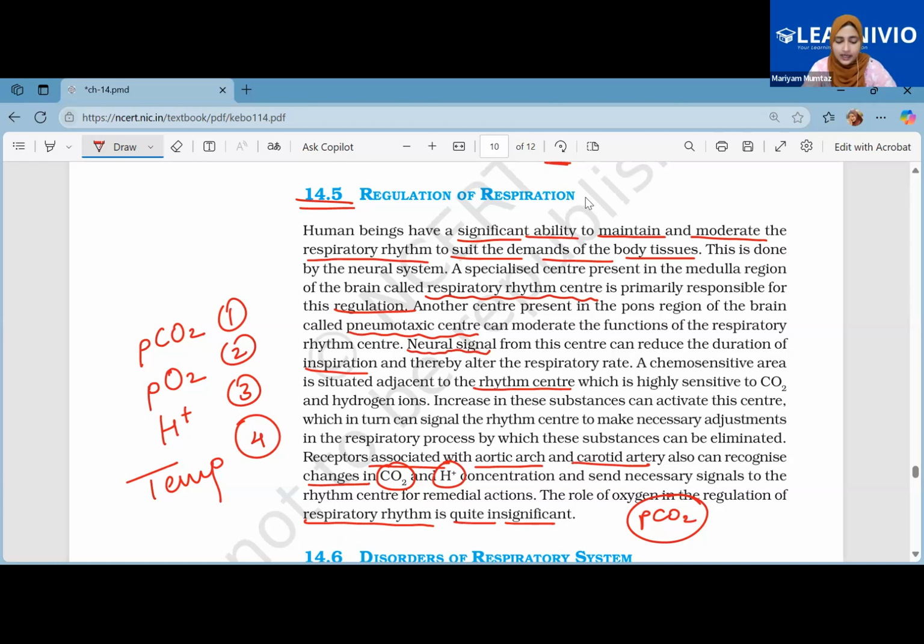So the whole entire hind brain, which consists of the medulla and the pons region, both of them are responsible for that. Clear?